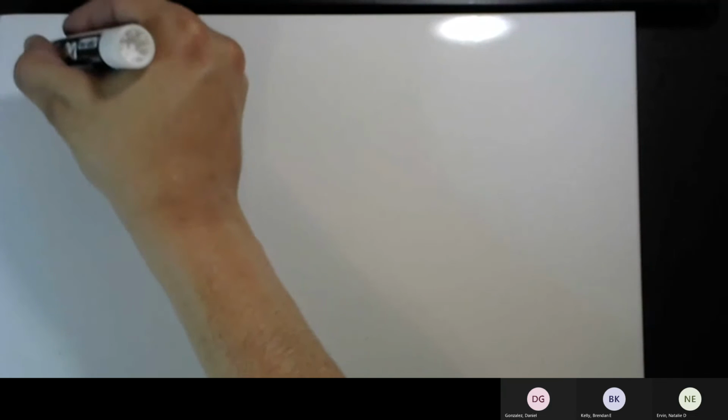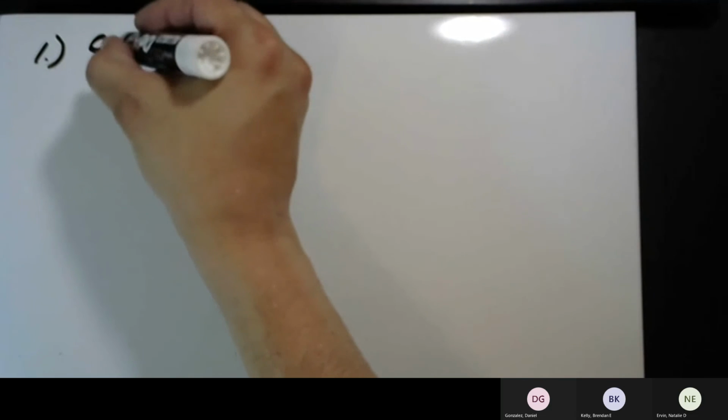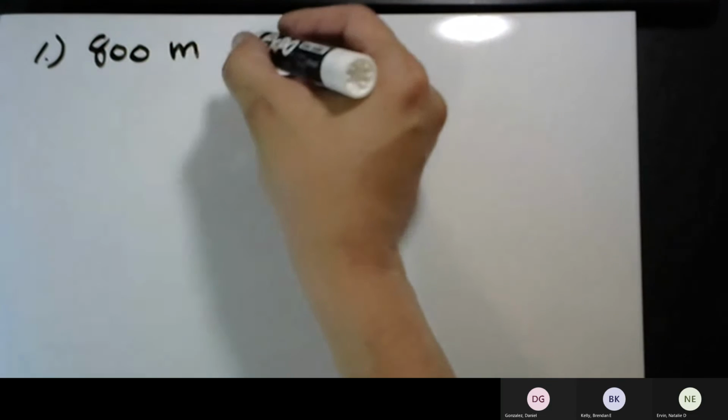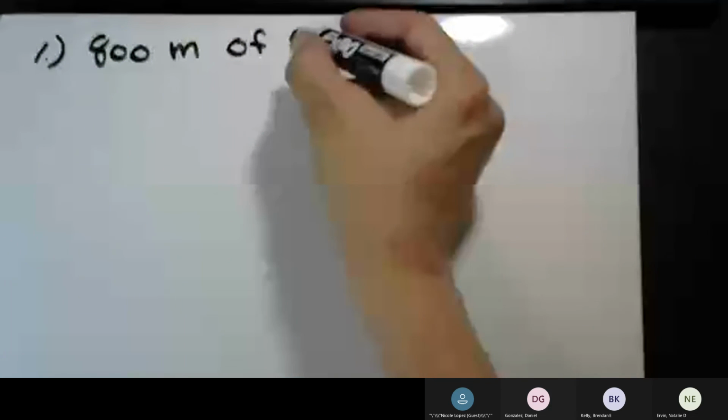So let me show you the first one. Once you do these, you get the hang of them. They're kind of fun. So the first problem is going to be this. So this is step 1. I'm just going to redo the problem. There's 800 meters of fencing.